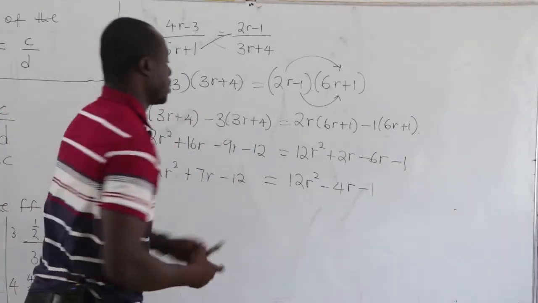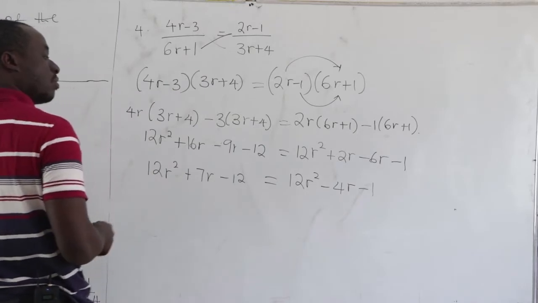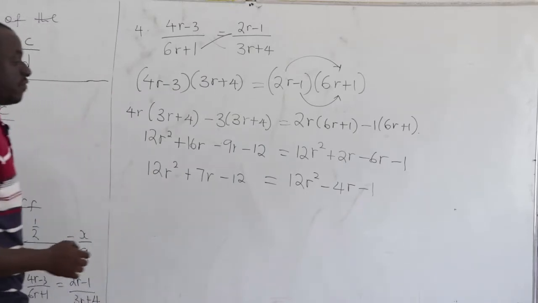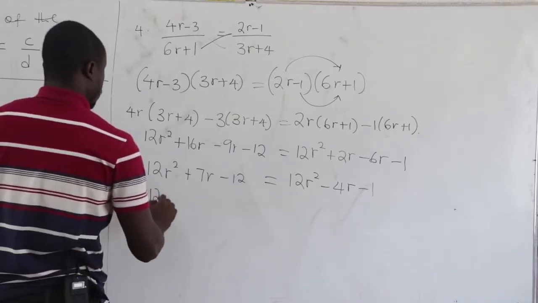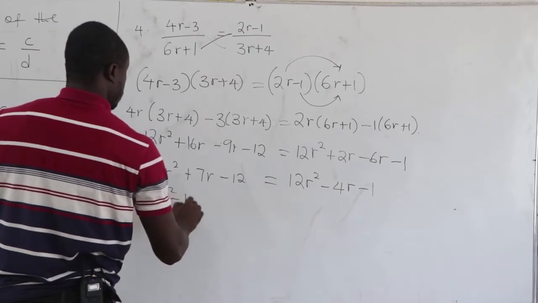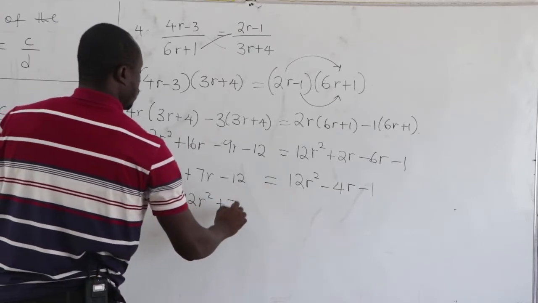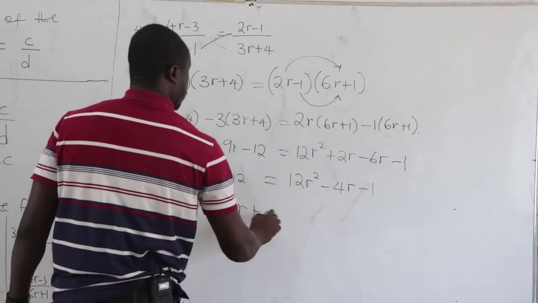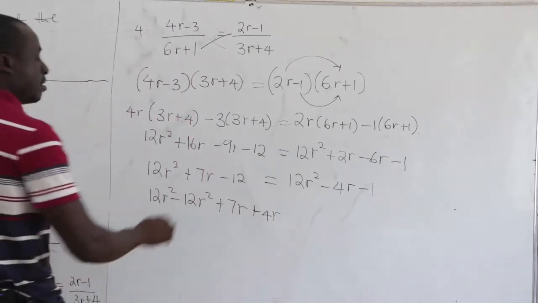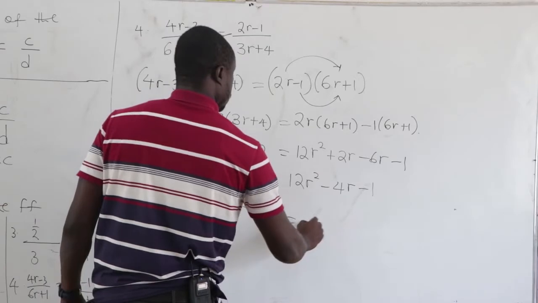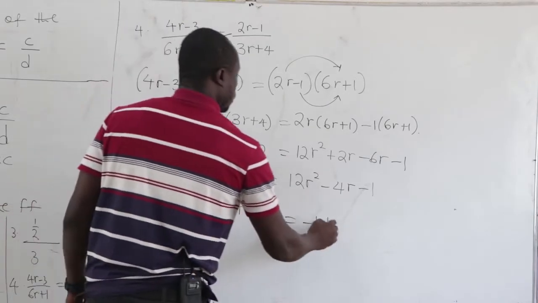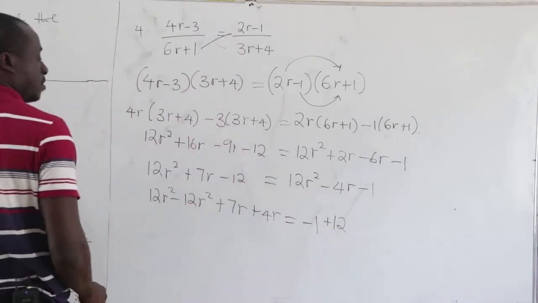Now, let's see. This and this can cancel out. Or let's bring all the ones with the variables on one side. So we have 12r squared. This can be minus 12r squared plus 7r. We have plus 4r. And we have equal to negative 1, negative 12. That is positive 12.